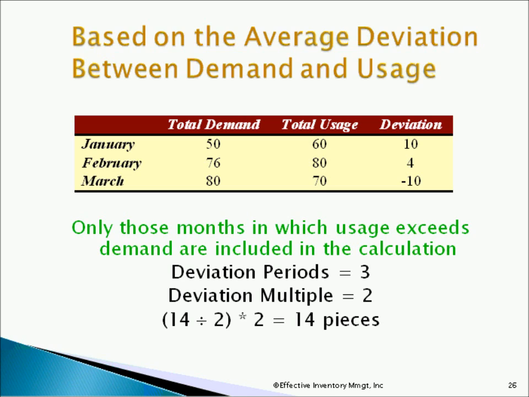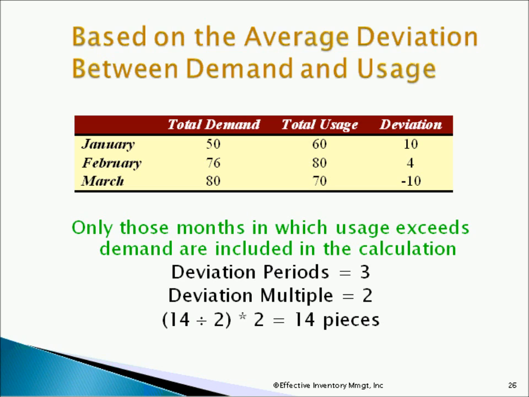It goes up and down like a yo-yo from January to February to March, April, May, June. If I want to maintain safety stock for this product, I need safety stock for those high usage months. The deviation method will allow you to maintain safety stock for those high usage months.